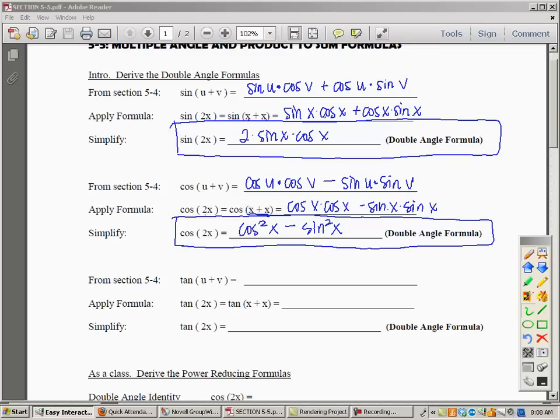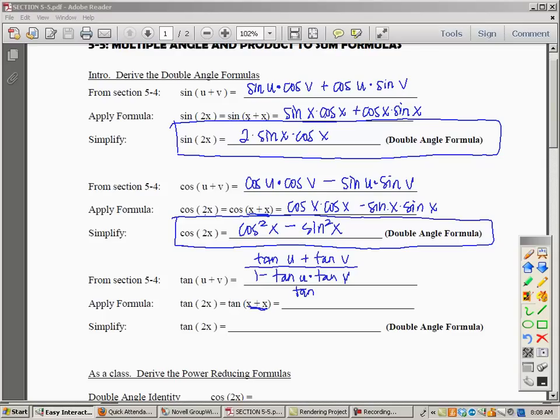All right, let's do the tangent one, u plus v. We're going to do the double angle, but first, the equation for the sum is the tangent of u plus the tangent of v all over 1 minus the tangent of u times the tangent of v. And like we did before, if we want a double angle, we're going to put two x's in instead of u and v.